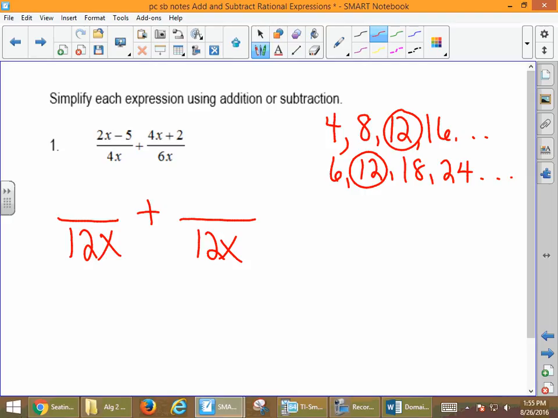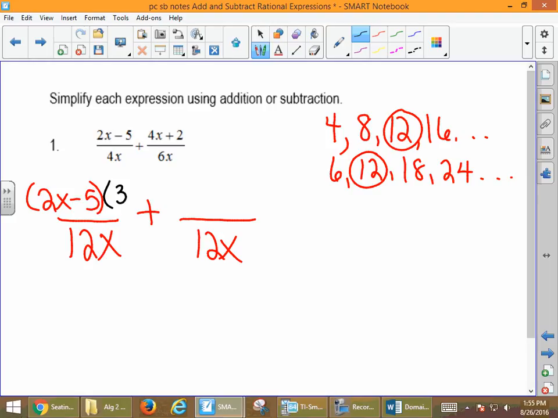And we're going to add. But what we did is we put something into the denominator. We still have the 2x minus 5 in the numerator, but we put something into the denominator. In this case, we did 4 times 3 to get 12.